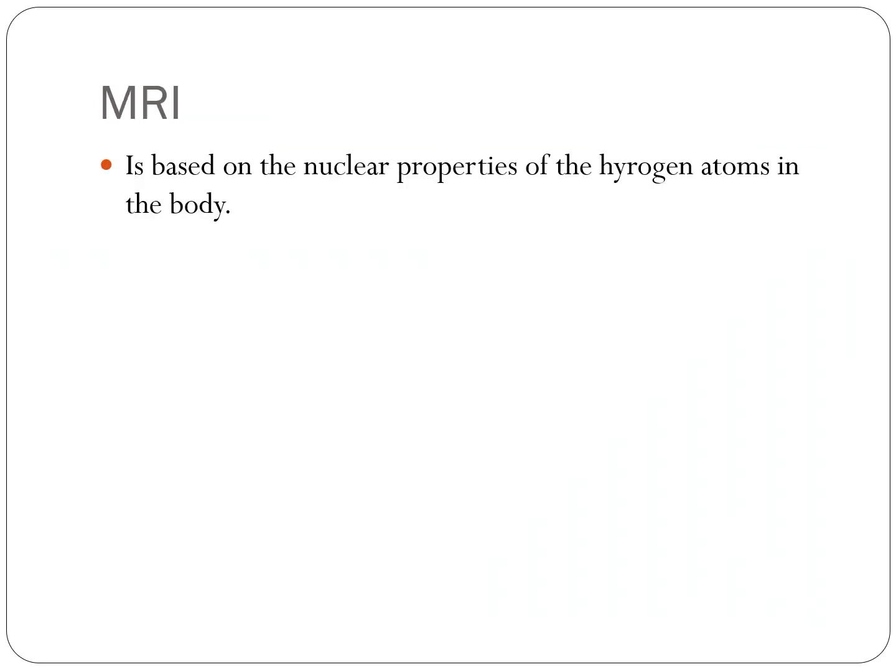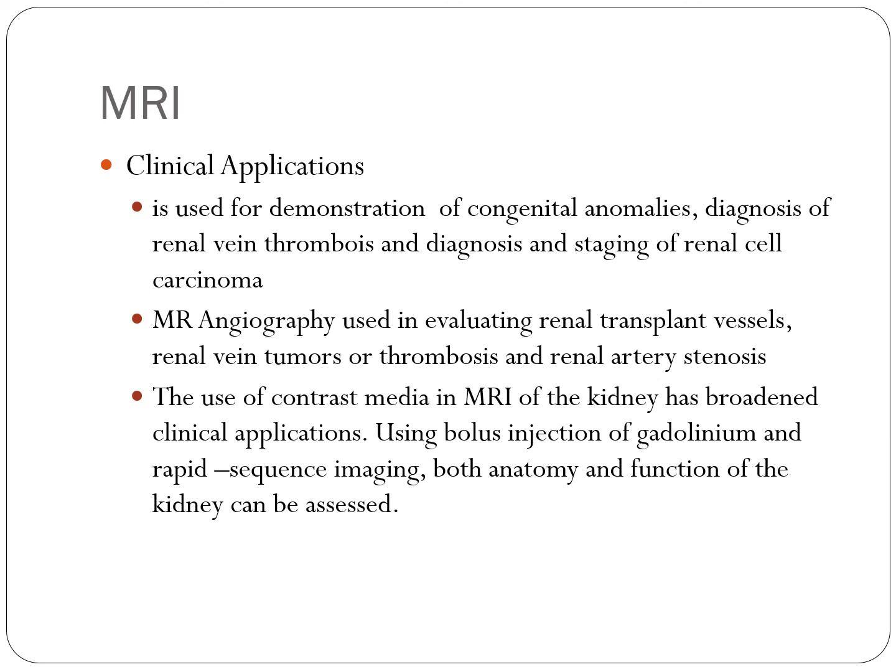MRI is based on the nuclear properties of the hydrogen atoms in the body. Clinical applications: it is used for demonstration of congenital anomalies, diagnosis of renal vein thrombosis, and diagnosis and staging of renal cell carcinoma.